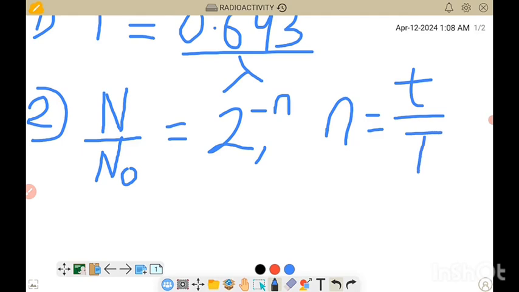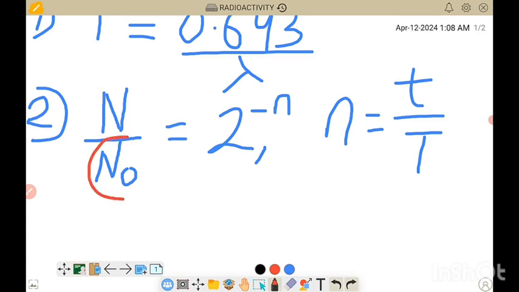Now, in this particular one, we have n over n naught. This n that we have here represents the sample of a radioactive substance after some time when decay or disintegration has occurred. That is the quantity of radioactive substance after decay has occurred, that is after time t.